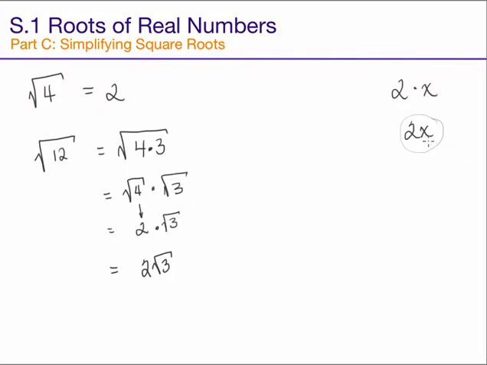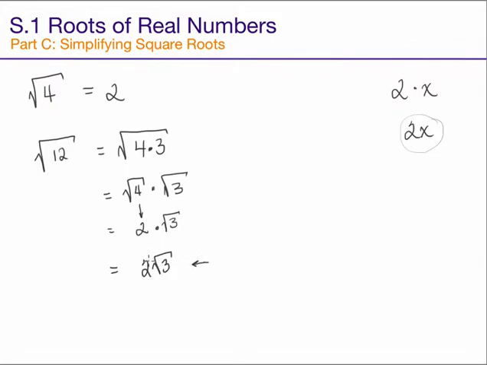The thing I have is x's, and the number of them that I have is 2. Here, the thing I have is square roots of 3, and I have 2 of them. So I have 2 square roots of 3. And you'll often hear this read that way, 2 square roots of 3, or even 2 roots of 3.